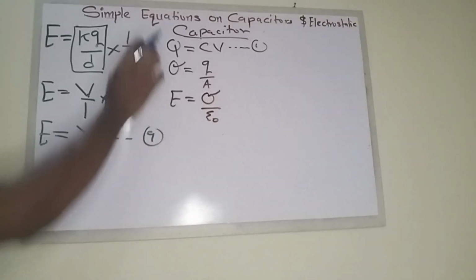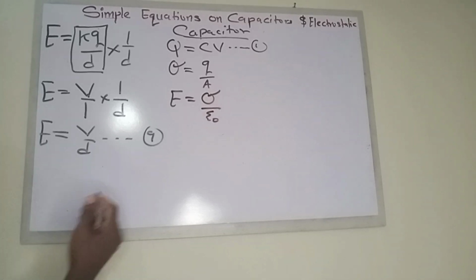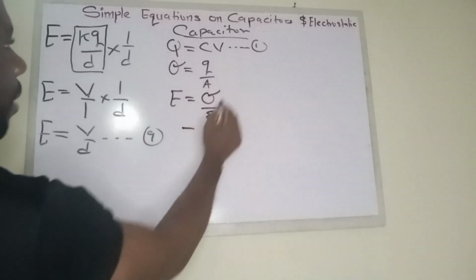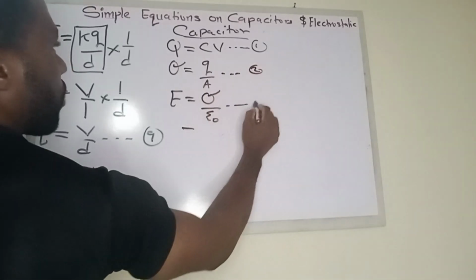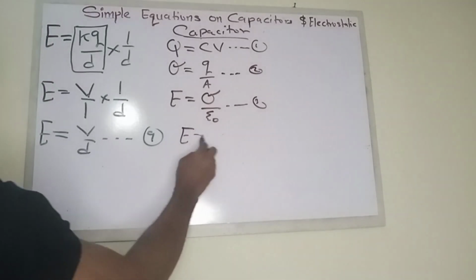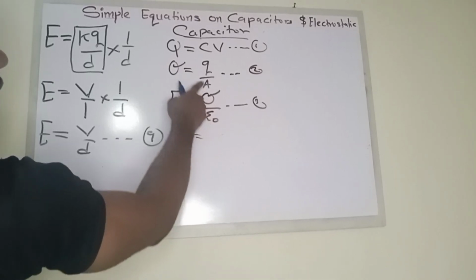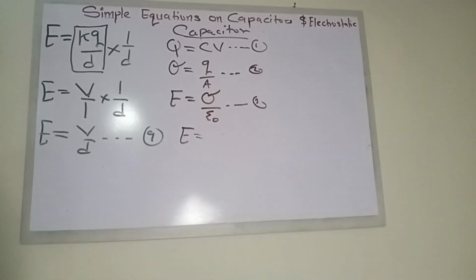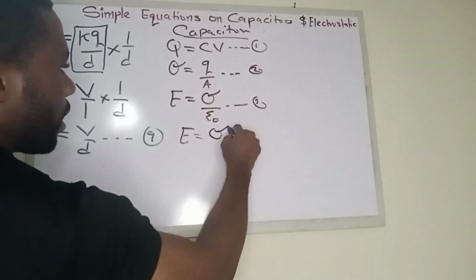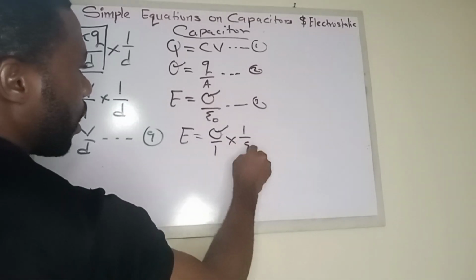Now we want to relate these formulas together to see what we are able to eliminate. Let's call this equation 2 and this equation 3. We have our E, which is electric intensity, and our surface density, which is the same as Q over A. Let's split this one: surface density over 1 multiplied by 1 over E naught.